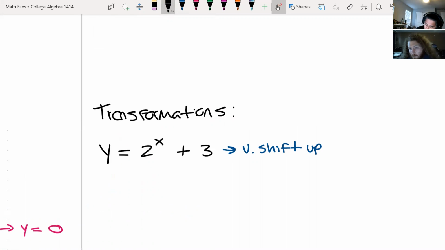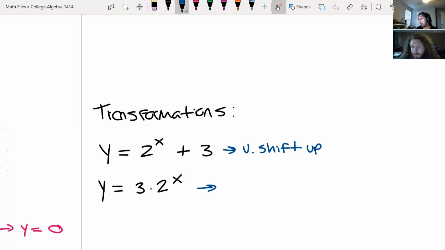Okay. What if we're given y equals 3 times 2 to the x? What type of transformation is this? Would it be a vertical or horizontal stretch? Horizontal.